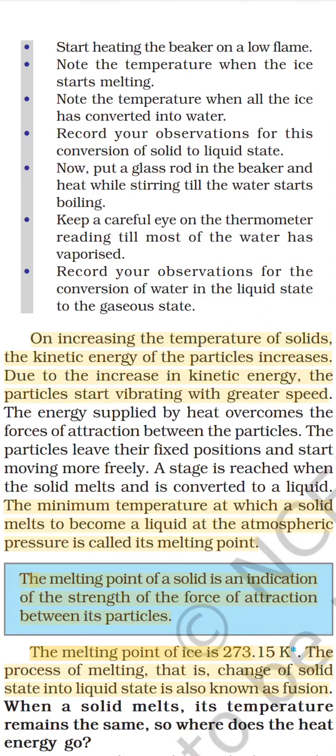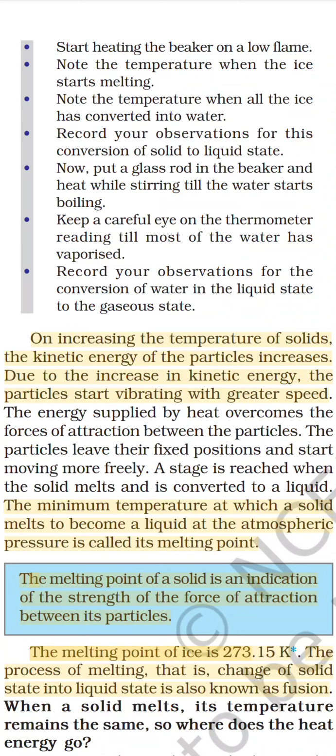Start heating the beaker on a low flame. Note the temperature when the ice starts melting. Okay. Note the temperature when all the ice has converted into water. Next, record your observation for this conversion of solid to liquid state.